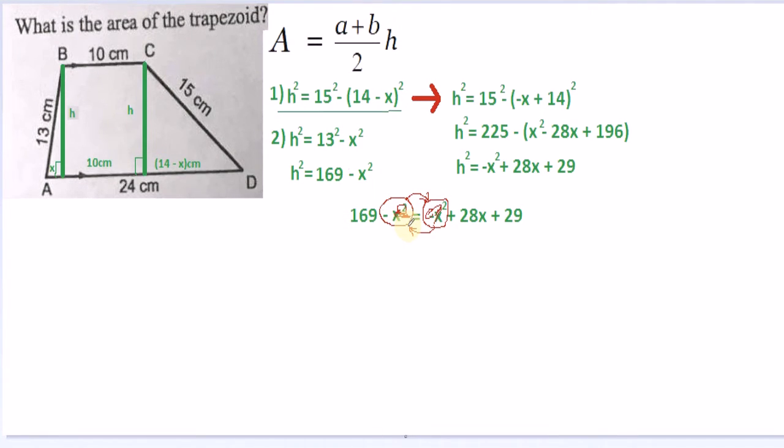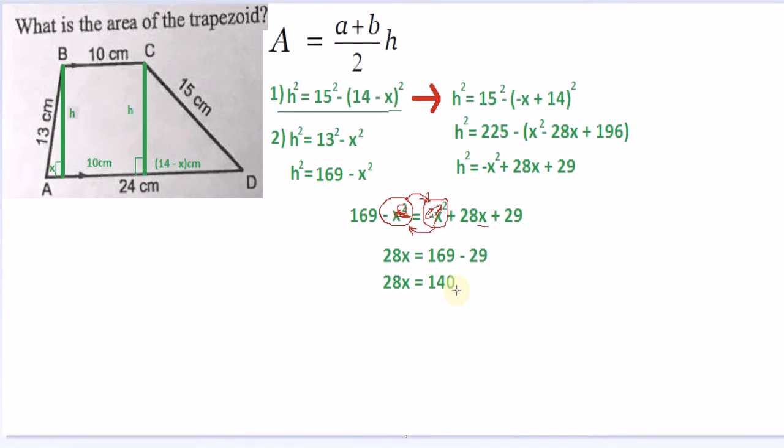And so that just leaves us with only one x left in the equation, so much easier for us to handle. So when I start rearranging it, I have a very simple equation now. I can get it right down to this 28x equals 140.